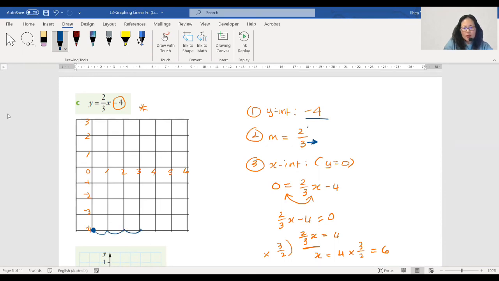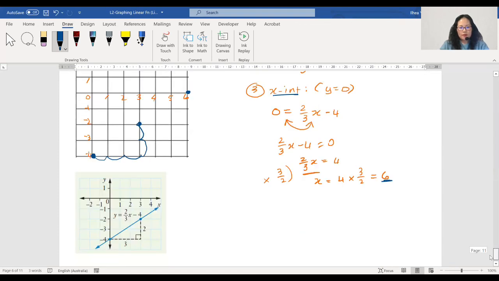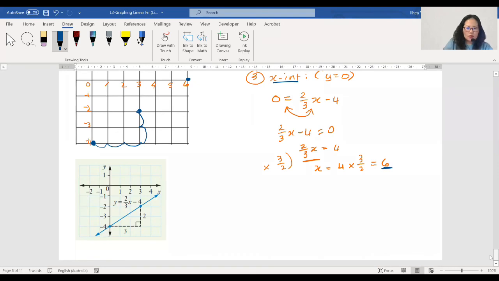And I'm going up by 2. 1, 2, right there. And what's my x-intercept? It's 6. So I'm going to go to 6 right there. So we had 3 dots, and join them together, you will get something like this right there. Okay, so as you can see, we went right by 3 and gone up by 2.